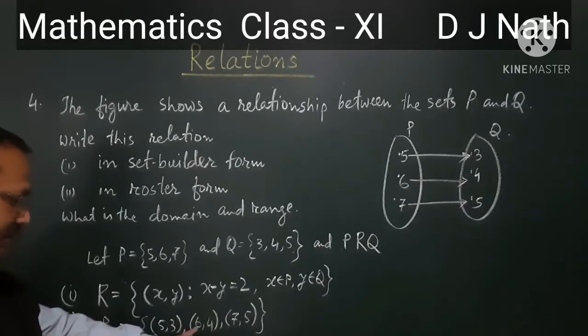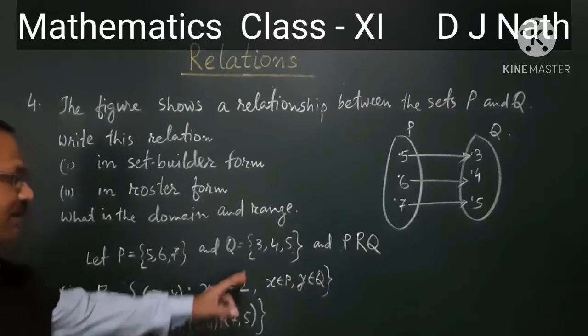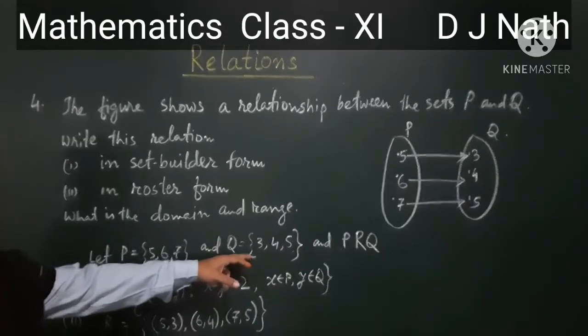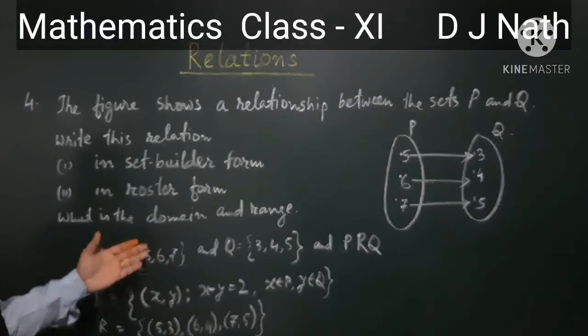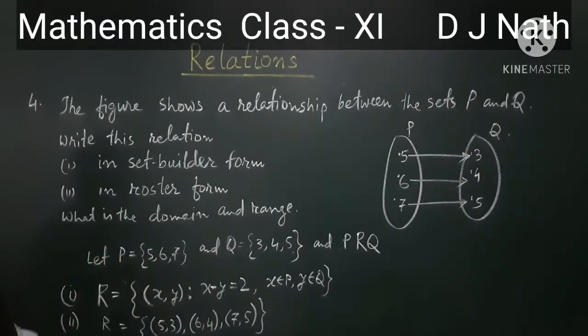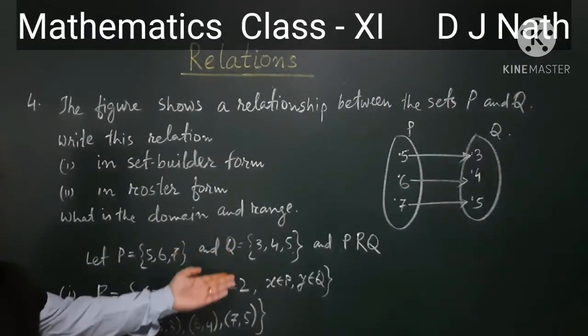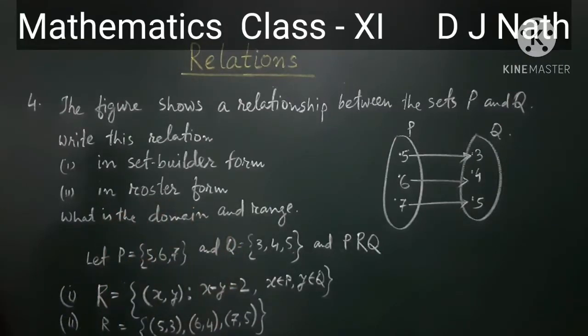And what will be the range? Range will be 3, 4, 5. That means it is set Q. So domain of R is P and range of R is Q. That way also you can write it.